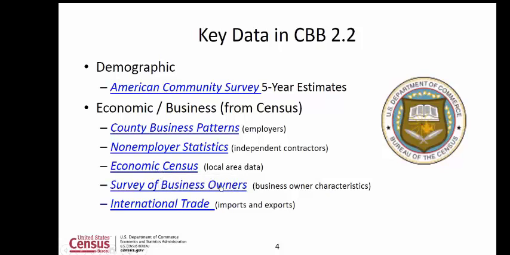And then we have Survey of Business Owners, also released every 5 years, that ends in 2 and 7. So that data will tell you the race, gender, and veteran status of small business owners. And then we have our international trade statistics, imports and exports, updated fairly frequently, definitely on a yearly basis.